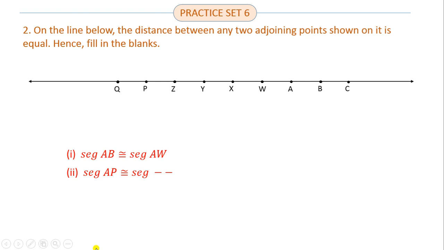Here, the length of segment AP is 5 units. So, we can give here any segment with length 5 units. And here, we give segment BZ. That is, segment AP is congruent to segment BZ. Likewise, we can solve the others.